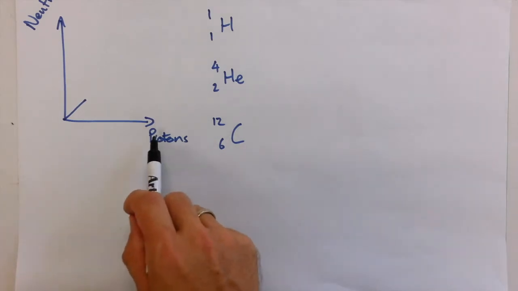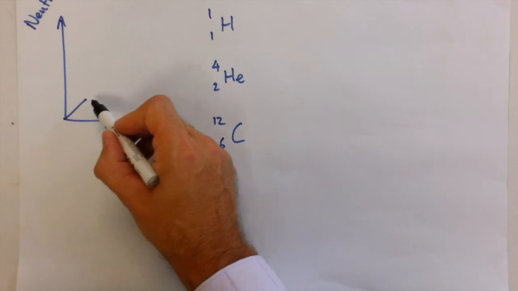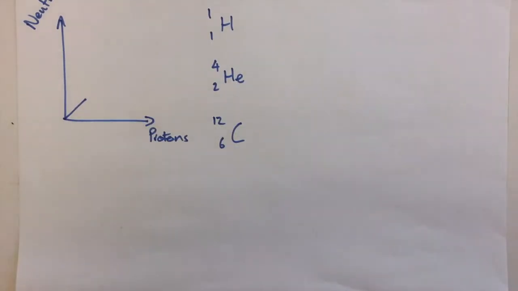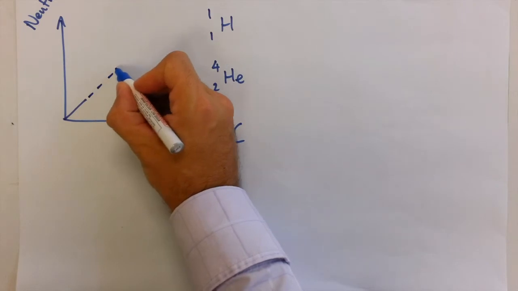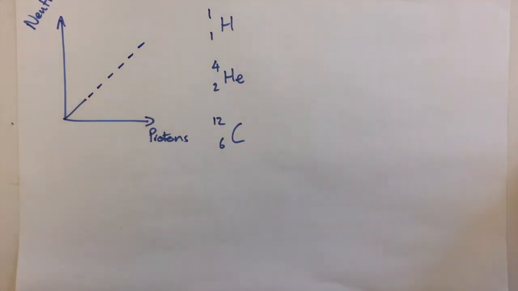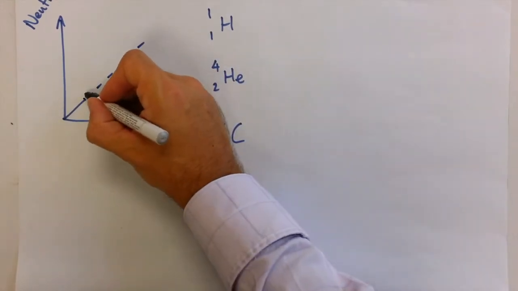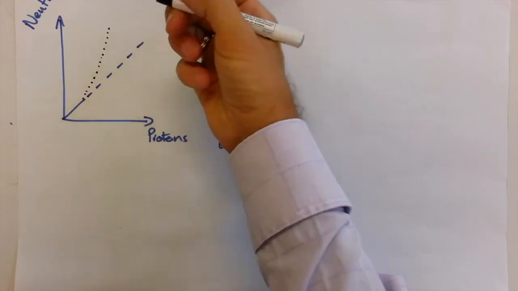If we were to plot a graph of the protons versus neutrons, we end up with this one-to-one relationship, or a directly proportional line. However, if we look a little bit further on, what we find is, rather than continuing on in this straight line, actually the elements don't plot like that. What we find is they start to diverge and they start to move away from that line.